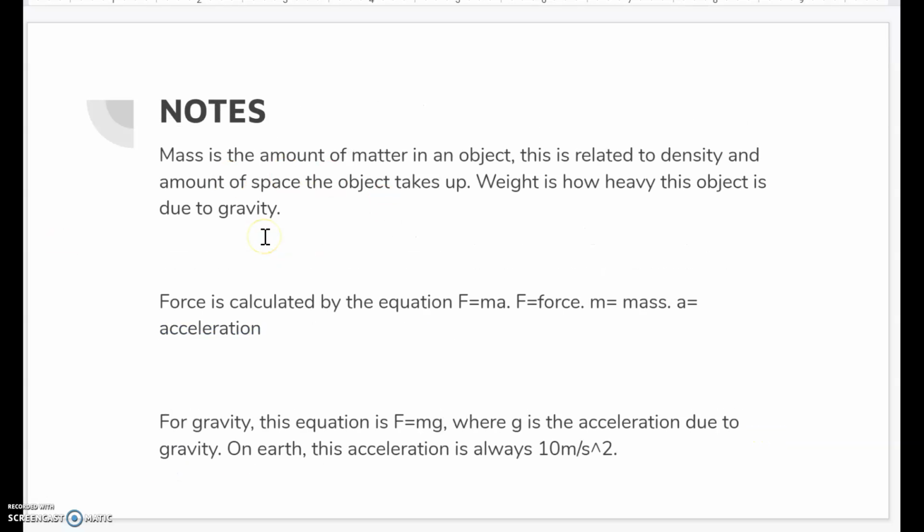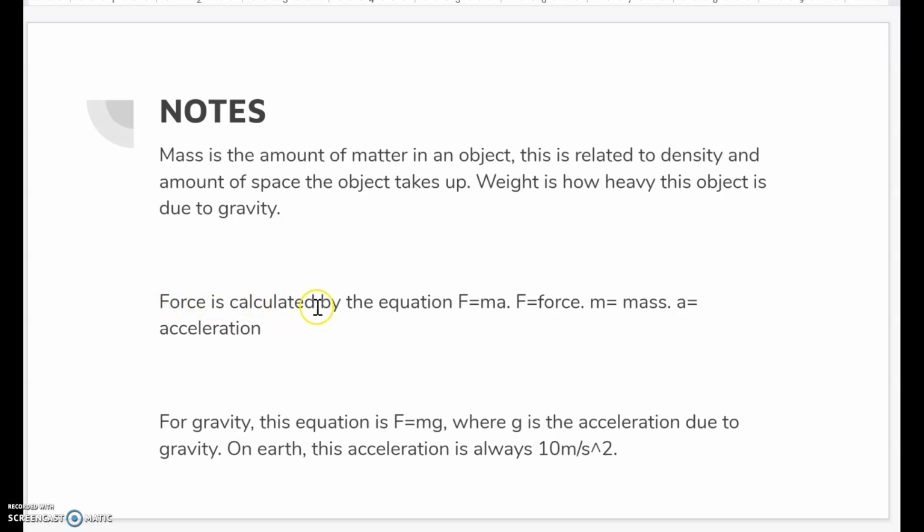And so here is the condensed notes that you need to remember from this slideshow. This is separated out according to the learning objectives, if that helps you make notes. Mass is the amount of matter in an object. This is related to density and the amount of space that the object takes up. Weight is how heavy this object is due to gravity.